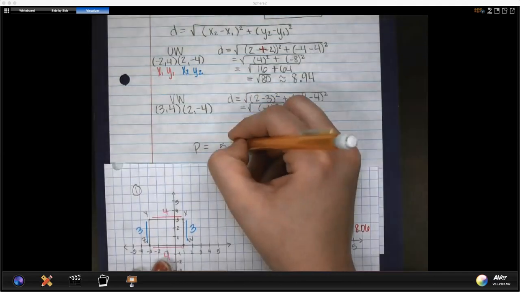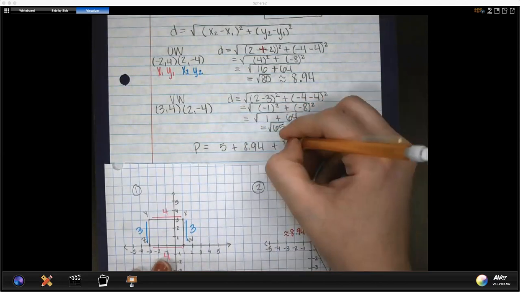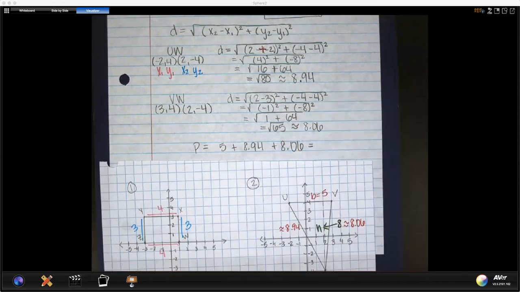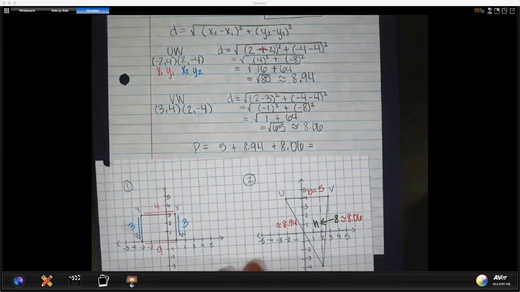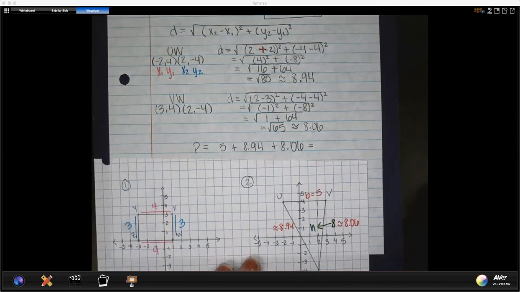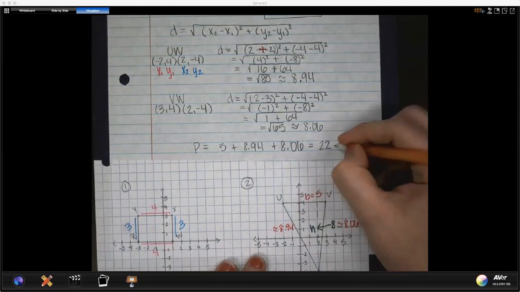We have 5 plus 8.94 plus 8.06, which results in a value of 22, and the label would be units.